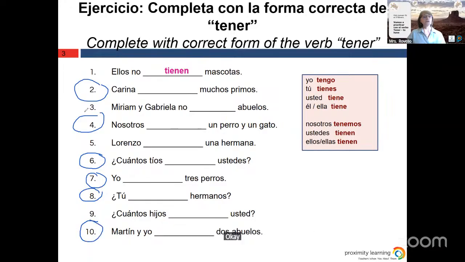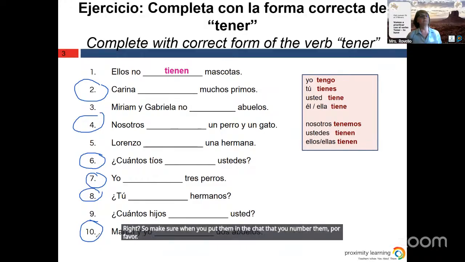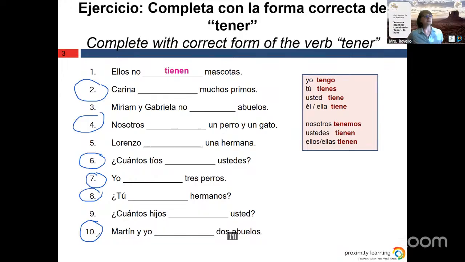Okay, so 2, 4, 6, 7, 8, and 10. So I'm going to let you think about these, pop them in the chat like we always do, and then beware because I'm going to call on you. Right, so make sure when you put them in the chat that you number them, por favor. I'll give you a few minutes. Everybody should be filling in the blanks in the chat.